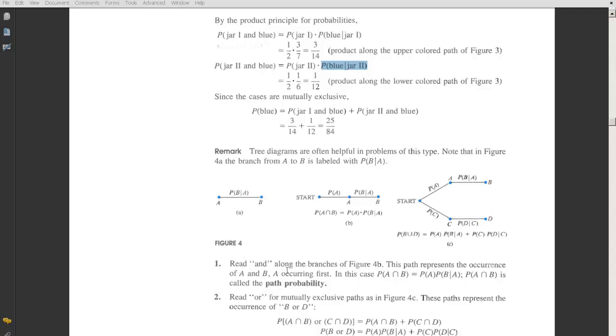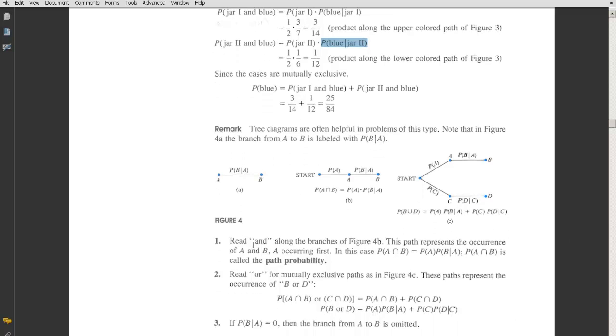So let's read what they say here. Read "and" along the branches of figure 4b. So what they mean is if you're going along a branch like this, A, then B, then this is the probability of A and B. Next one, read "or" for mutually exclusive paths.